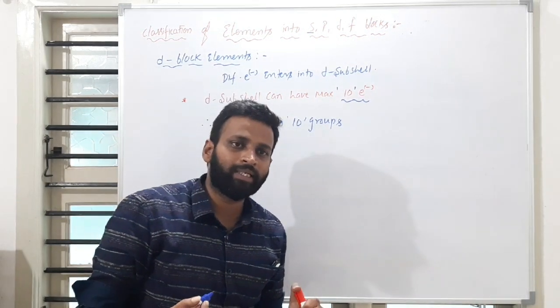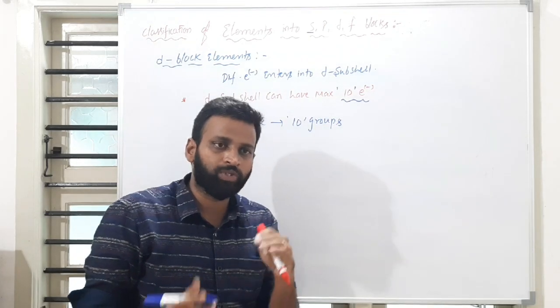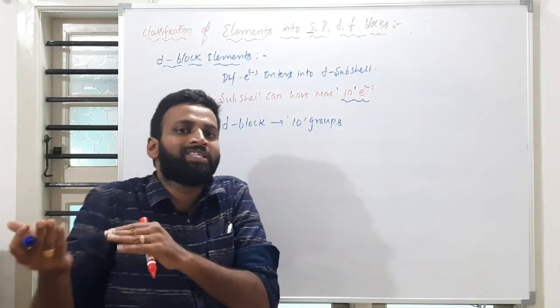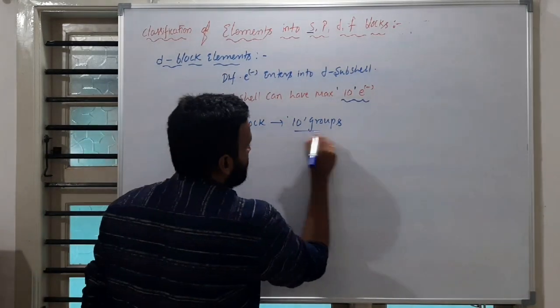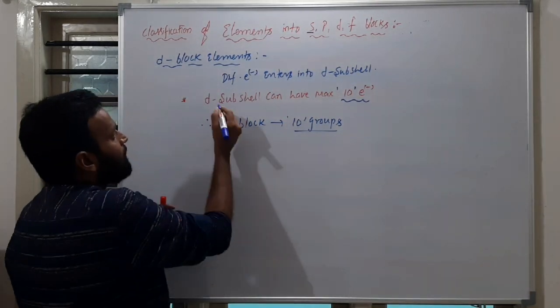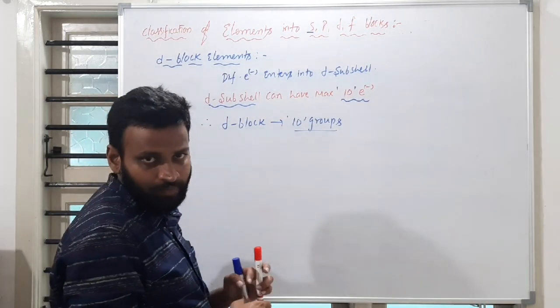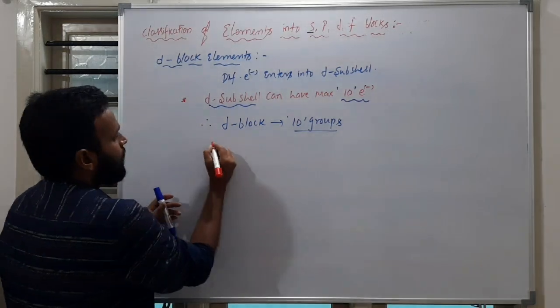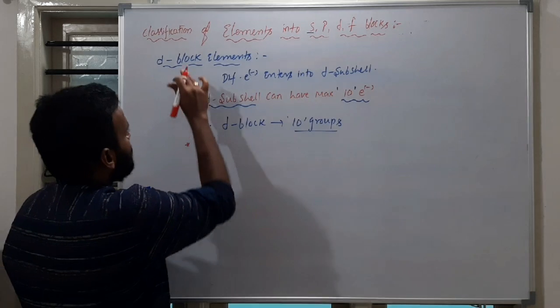How many in the S block? 2 groups. Why 6 groups in the P block? Because the P subshell can have a maximum of 6 electrons. So the D block can have a maximum of 10 groups, because the D subshell can have a maximum of 10 electrons. That's why.